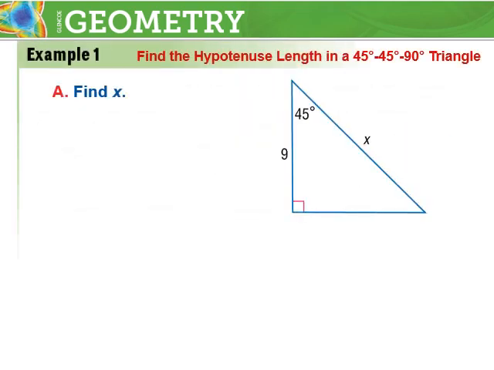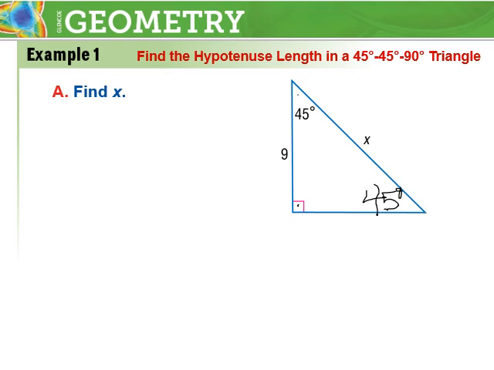Here we have an example with a 90-degree angle right here, a 45-degree angle, and I think it's safe to assume that we at this point know that this is also 45 degrees because the degrees in a triangle add up to 180. That would make that 45 degrees.